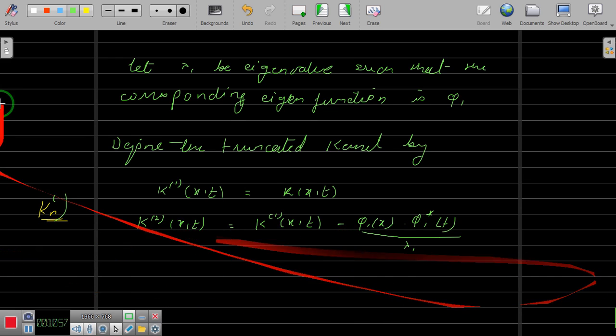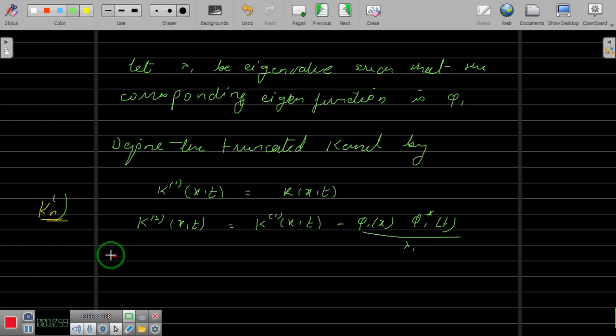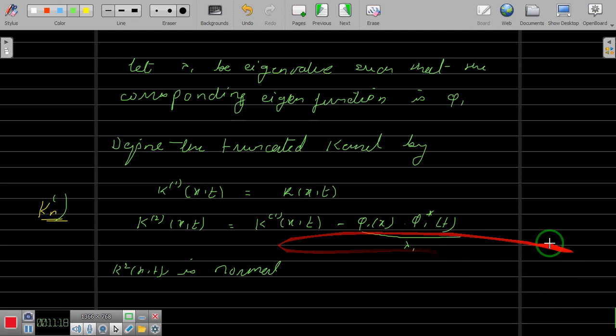With this definition of k2, we can easily check that k2 of x comma t is normal, because already we know that k is symmetric. Since k is symmetric, k1 is symmetric, and by using these definitions of symmetric kernels, you can easily check that k2 is also symmetric.